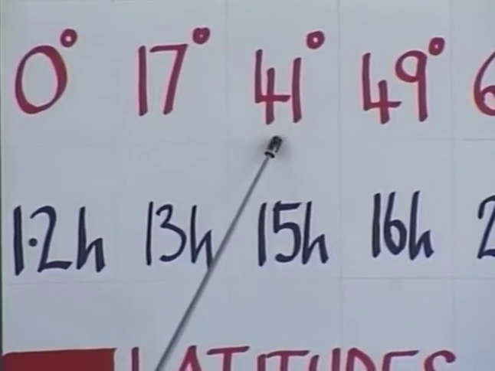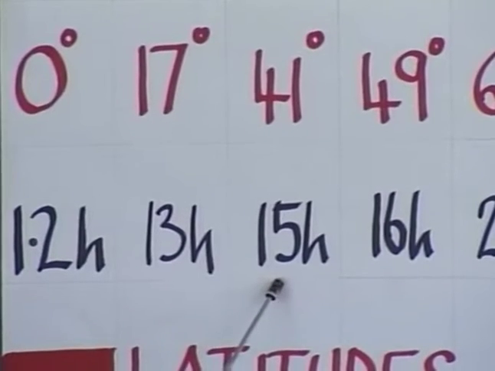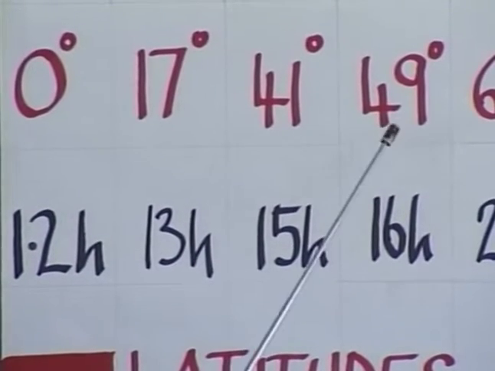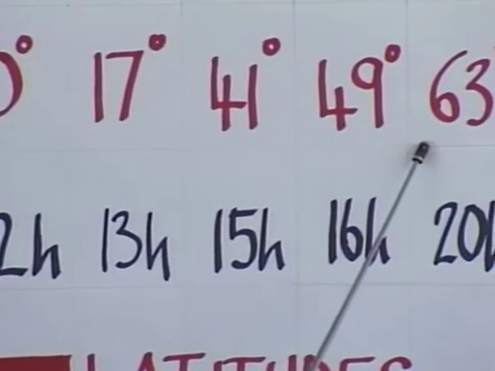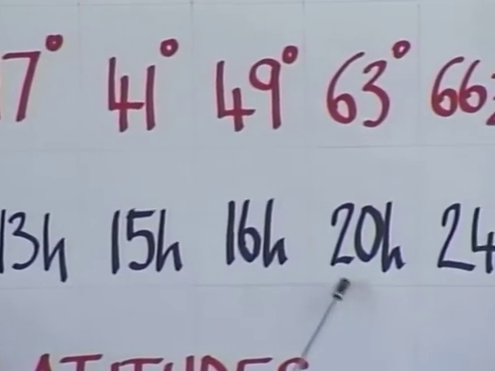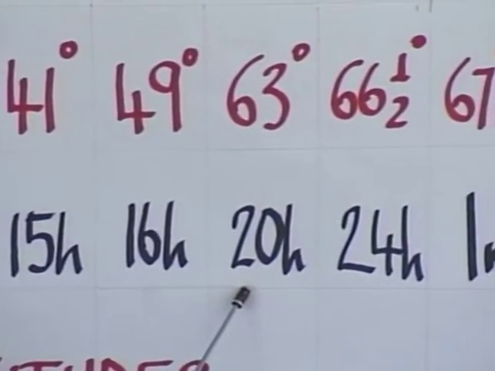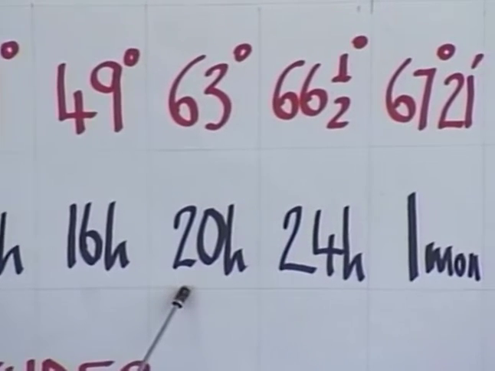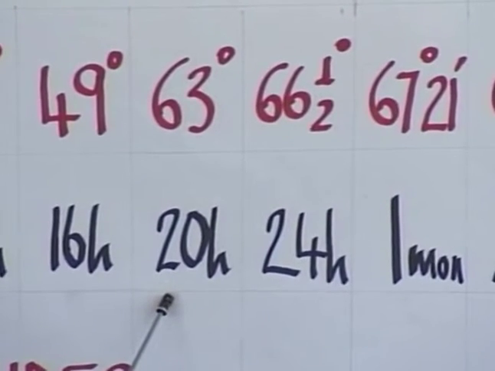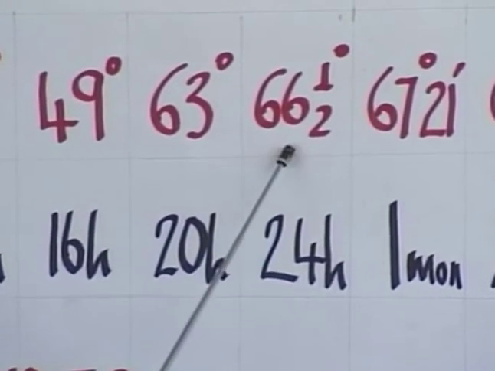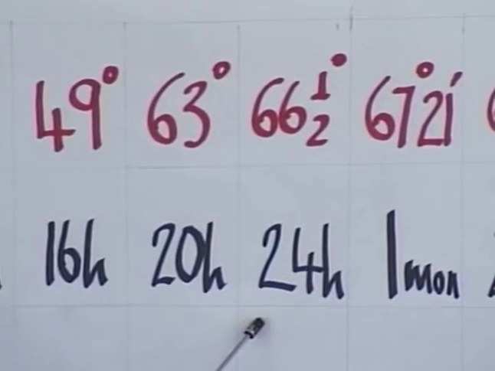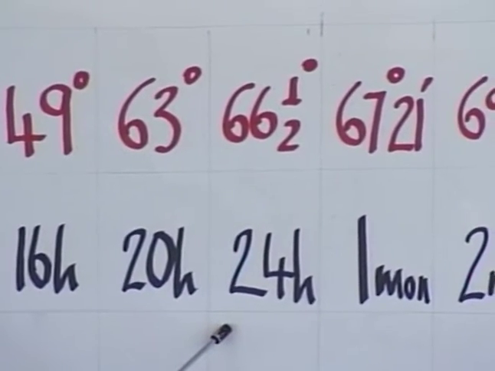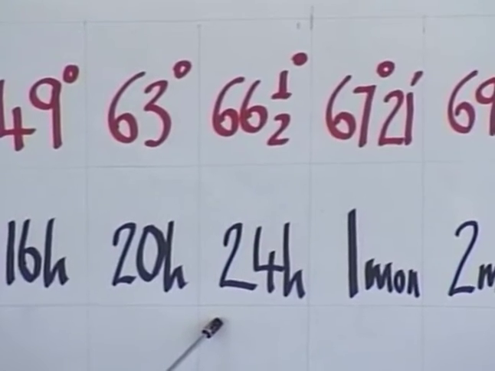At 41 degrees, 15 hours of daylight. At 49 degrees, 16 hours of daylight. At 63 degrees, 20 hours of daylight. 20 hours of daylight, how many hours of night? Just 4. At 66.5 degrees, 24 hours of daylight. These people will always see the sun, 24 hours.